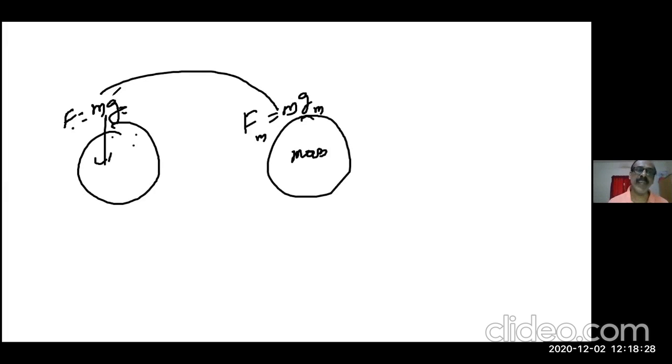So this will give you weight on the surface of the Earth. This will give you weight on the surface of the moon. This weight changing just because of gravity changing, that pull changing. Otherwise, mass of the body remain same. I think you know about this idea, right?